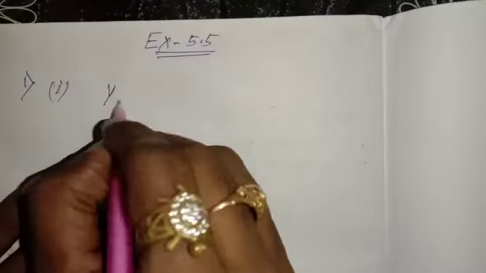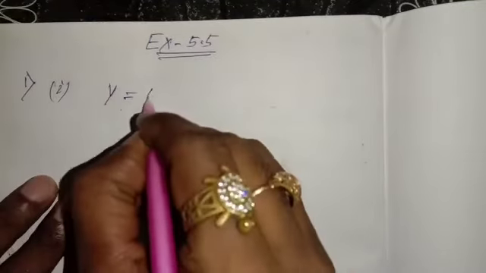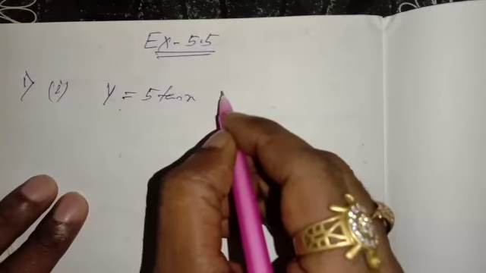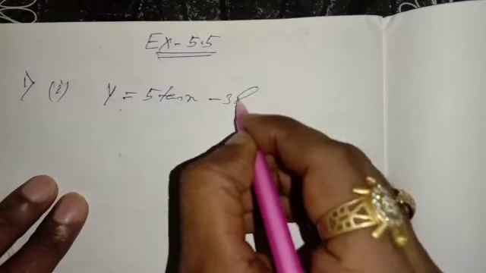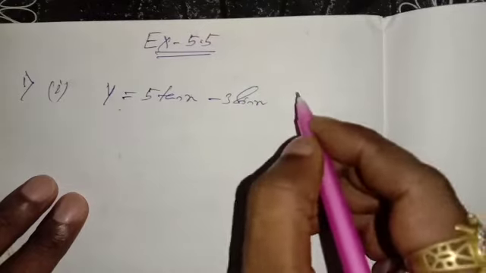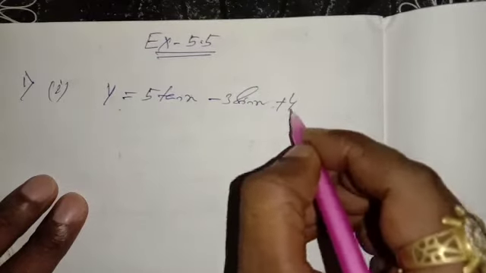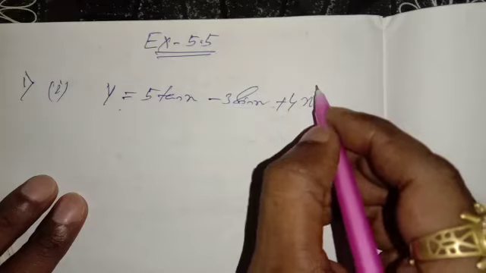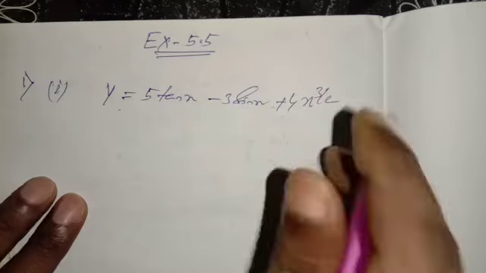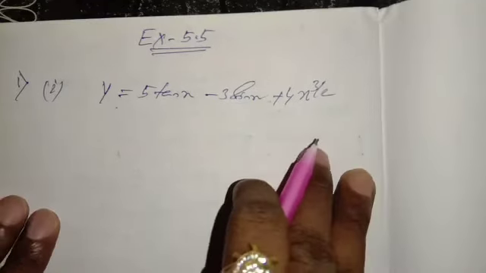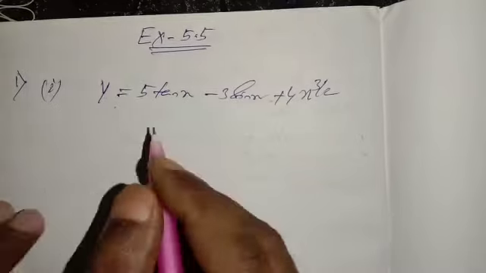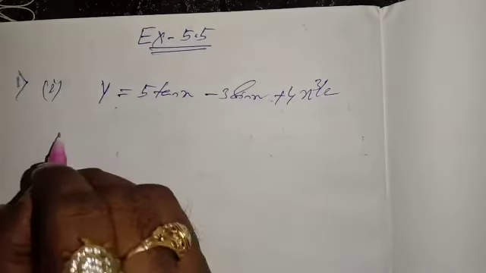See exercise 5.5 number 1, first part. Always write y is equal to 5 tan x minus 3 sin x plus 4 x to the power 3 by 2. This is the question given, and you have to find dy/dx, the derivative of this function with respect to x.